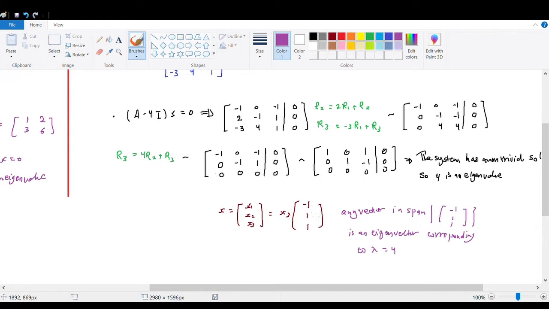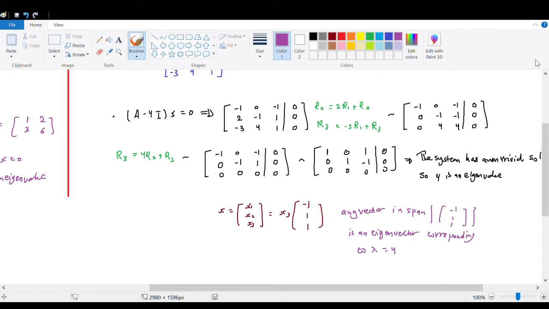So any vector in this form is an eigenvector corresponding to lambda equal to 4. You can choose whatever value for x3. For example, when x3 is equal to 1, [-1, 1, 1] is an eigenvector. If x3 is equal to 2, then [-2, 2, 2] is an eigenvector, and so on.